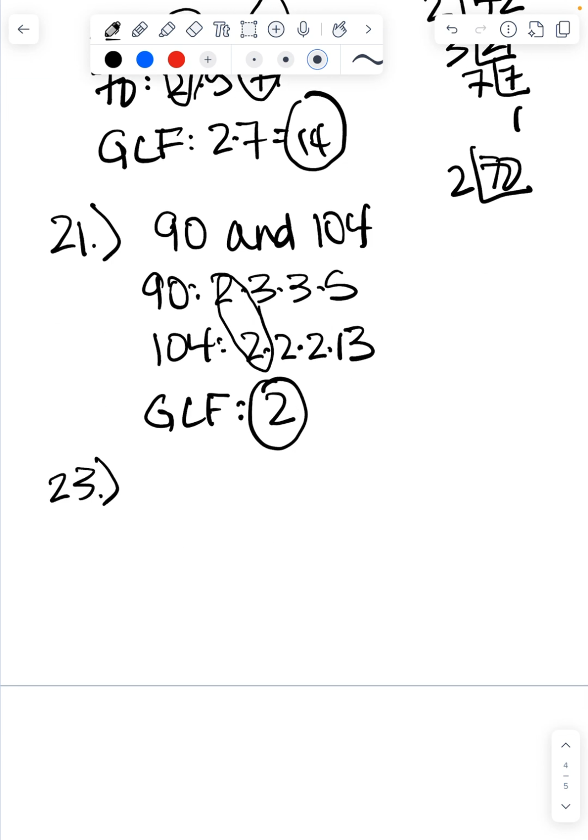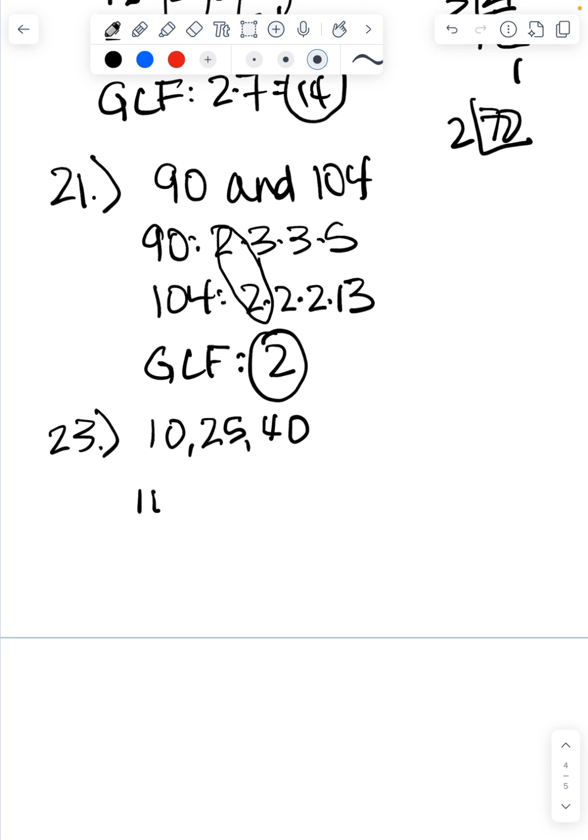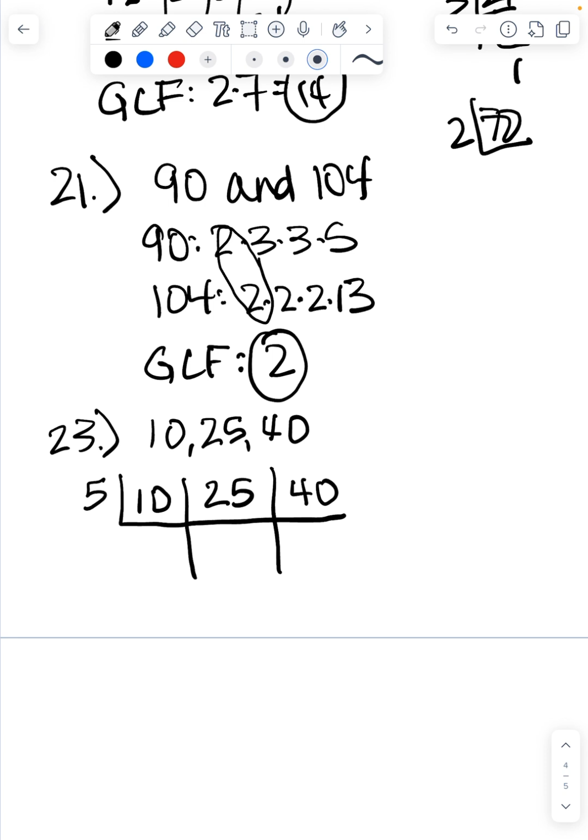Number 23. We've got 10, 25, and 40. All right, so this is a triple one. I'll show you a factor ladder for this because we did do this in class together as well. So let's do a triple factor ladder. Smallest prime number is 2, not going to work. 3, not going to work. 5 divides out of all of them.